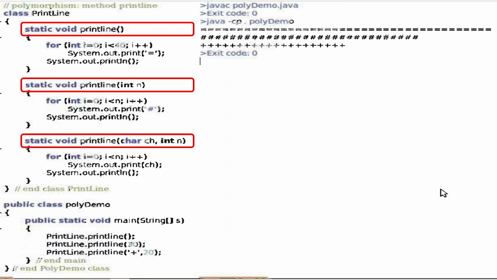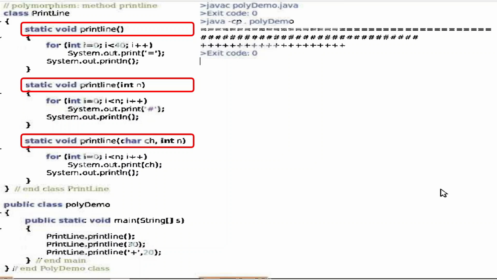Now when you execute these methods from your main program, as shown down in the class PolyDemo, look at the three lines. The first line calls println without any parameter. So the compiler will understand that this has to be executed by the first method written in the Println class. The second is println with a character, a hash symbol I think.